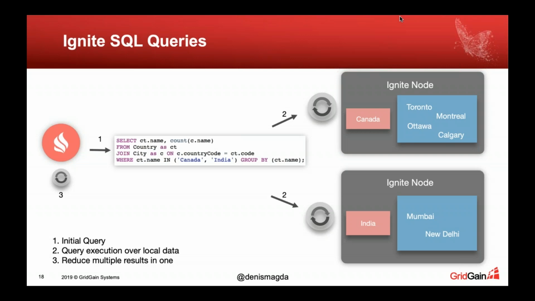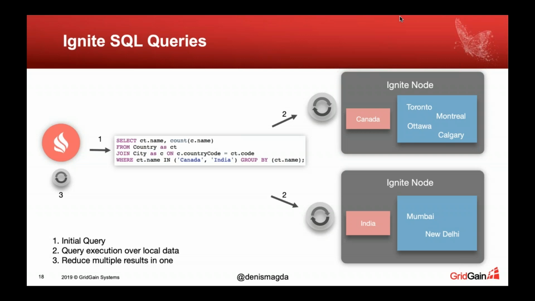We now have, whenever we are inserting data into the cluster, all our cities distributed based on the value of their country code or the country ID. And if you take this example that tries to count all the cities that are located in Canada and India, yes, this query will be sent from your application, but then it will be executed on each node individually.